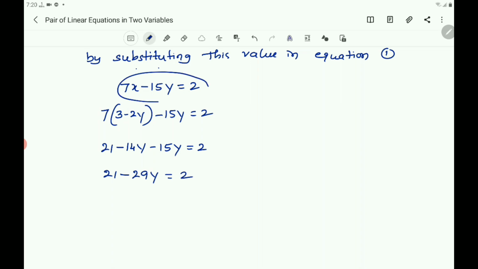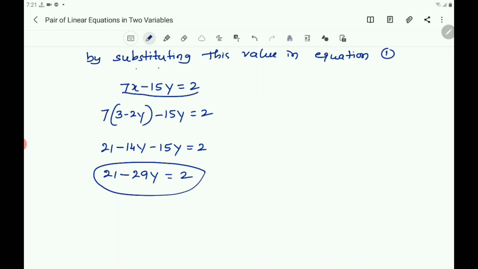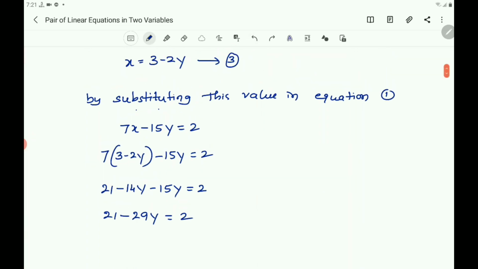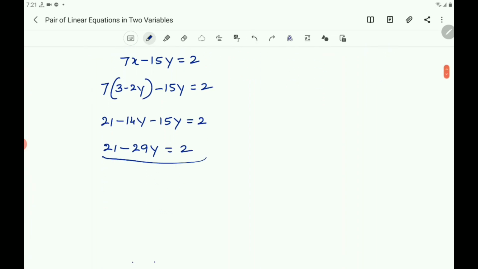So this equation is reduced to the equation of one variable. Here this is the equation of two variables. By substituting x equals 3 minus 2y, you got the equation in one variable. Simple equation. Now here we have to find the value of y.